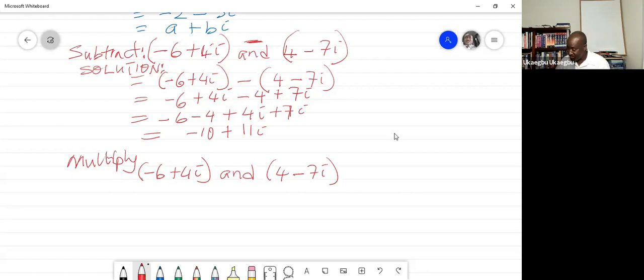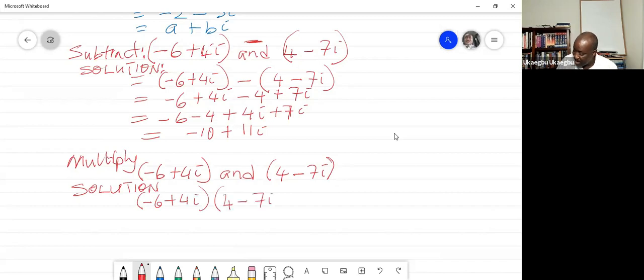Sounds like a good idea. For you to do distributive property, you can just write negative 6 plus 4i bracket 4 minus 7i. Now somebody has given us a good hint, so I'm going to give you 2 minutes to complete it. Use distributive property.